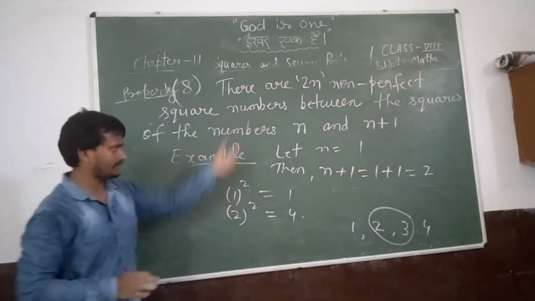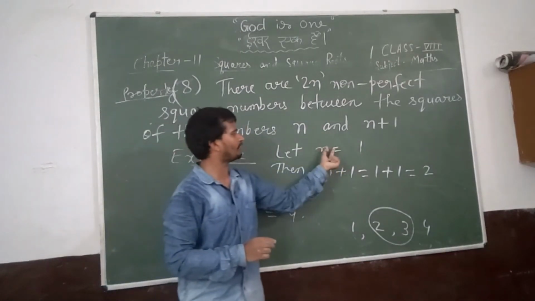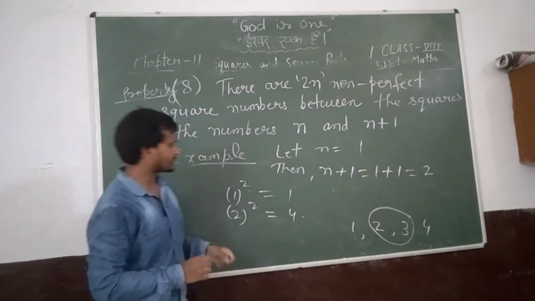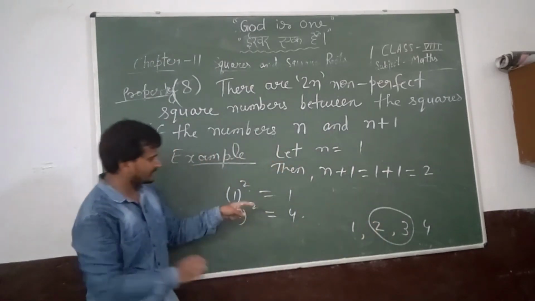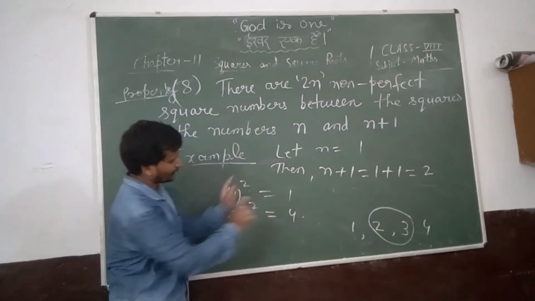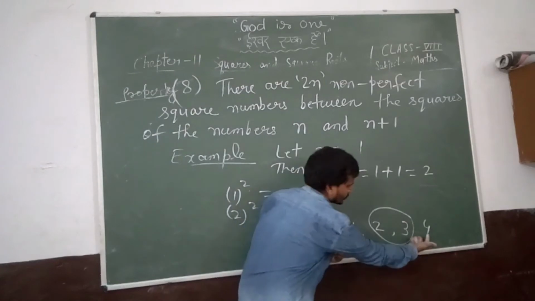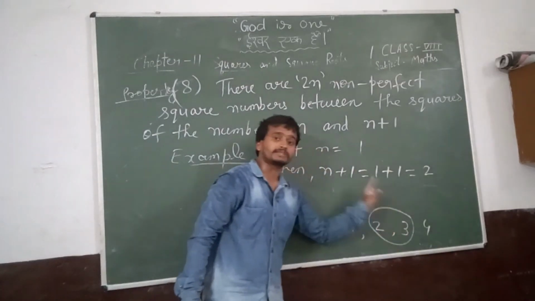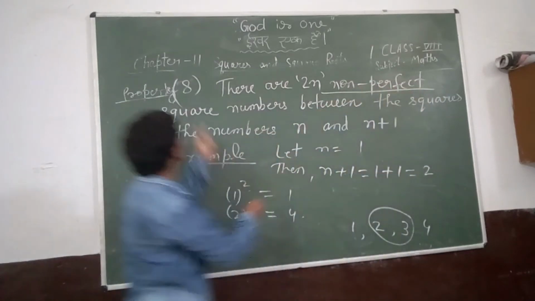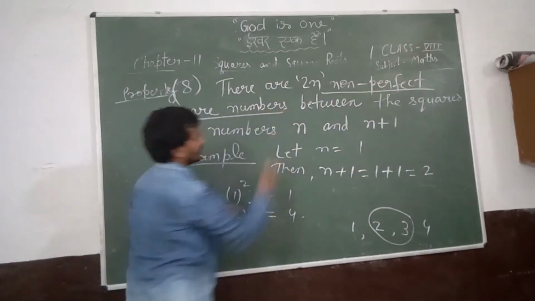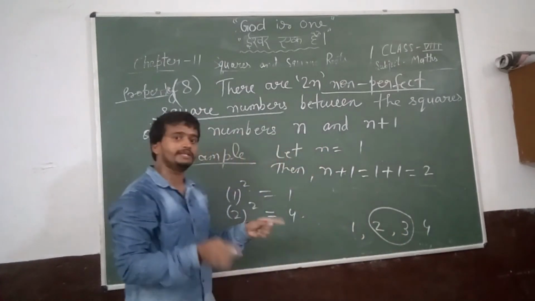How many numbers come between 1 and 4? We have taken a simple example starting from n equals 1. We can take the value of n as 2, 3, 4, 5, etc. Two numbers lie between the square of 1 and the square of 2, and these two numbers are non-perfect squares, meaning they are not the square of any natural number.